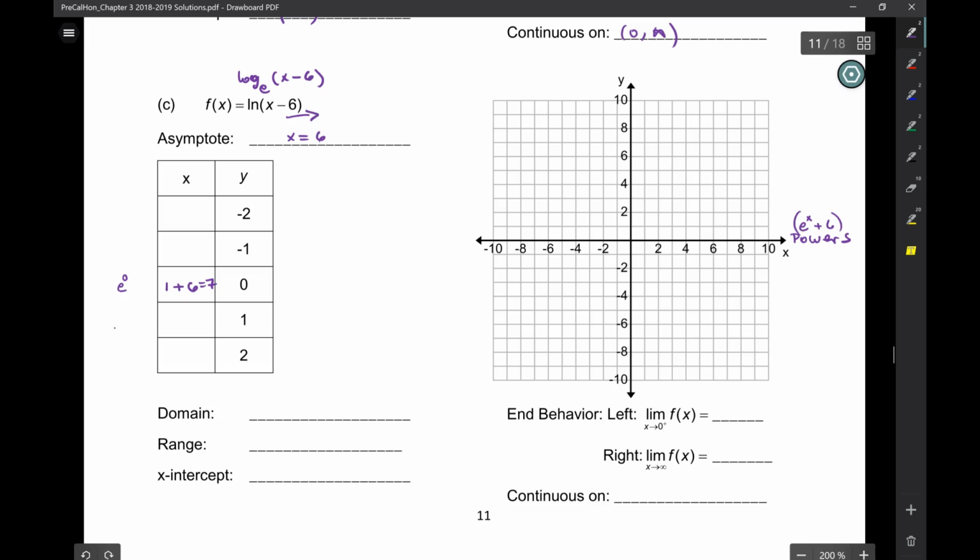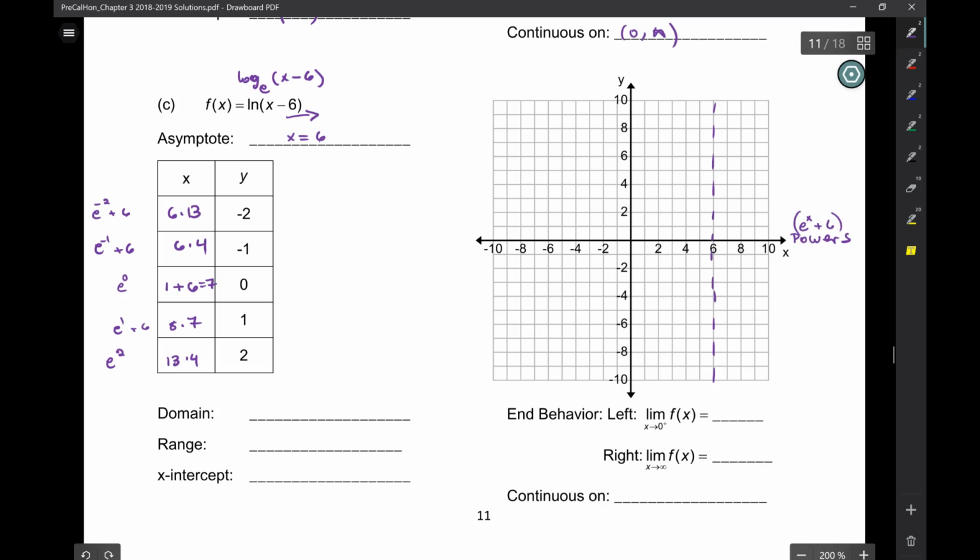Okay, e to the 1 used to be 2.7, but we're going to add 6, so it's going to be 8.7. E squared, remember I said you're going to learn that it's 7.4 and eventually, plus 6, 13.4. And then here we're going to have e to the negative 2 plus 6, e to the negative 1 plus 6, and those values are 6.13, 6.4. No, I did it before. I'm saving time.